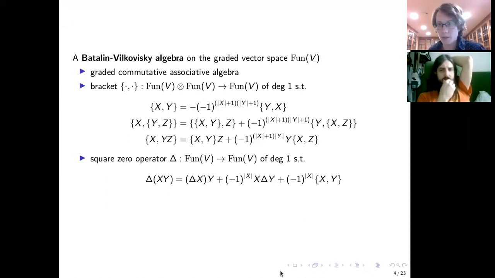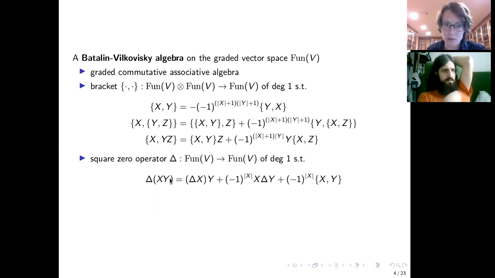And you can quickly realize that you have a Batalin-Vilkovisky algebra. On this vector space, Fun V, the formal functions, you have a graded commutative product. You have a bracket, which acts similarly to the one in Lie algebras, but there is a non-trivial shift. And you have a square zero operator, this BV Laplacian, which is of degree 1.